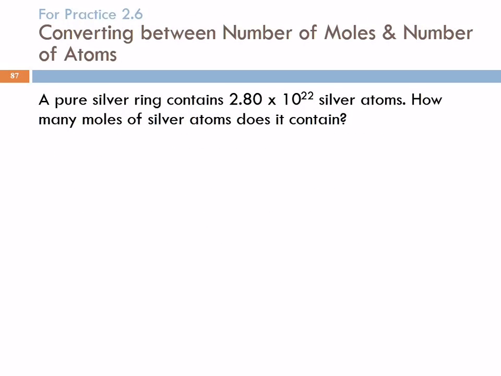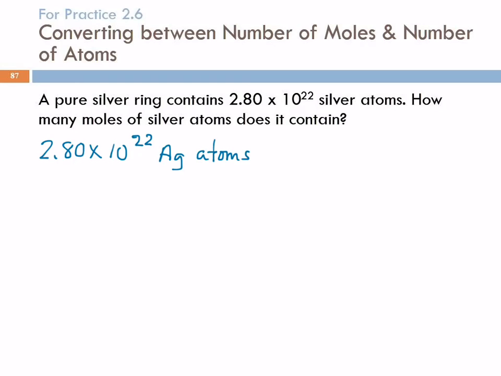Let's do an example. A pure silver ring contains 2.80 times 10 to the 22 silver atoms. How many moles of silver atoms does it contain? Read the problem all the way through, find the numbers, and identify what those are. So 2.80 times 10 to the 22 silver atoms.